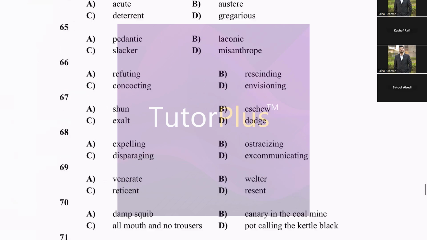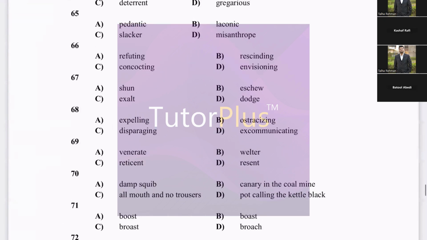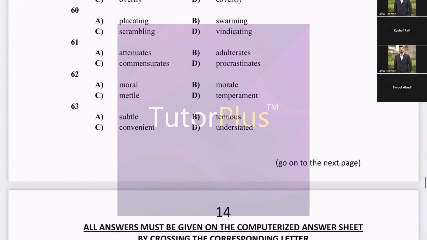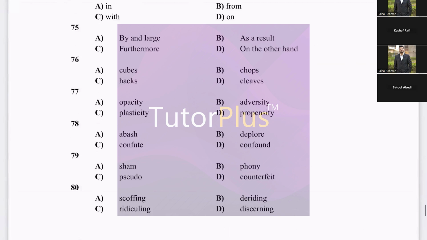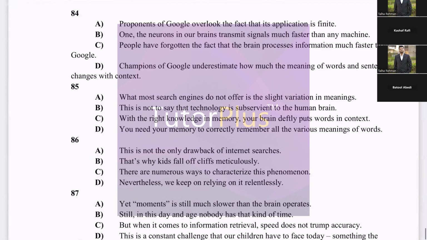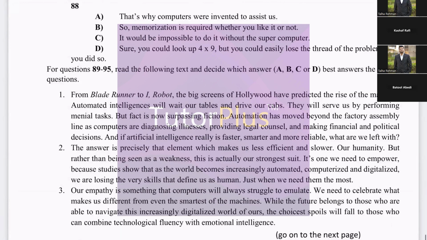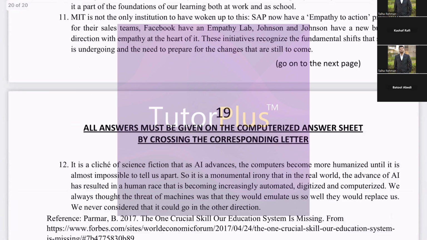So once again, we can only do these questions that you see on the screen, from 59 to 72, if we have a good vocabulary bank. Then you have more questions based on vocabulary, and then you have some of the reading comprehension questions, and so on.